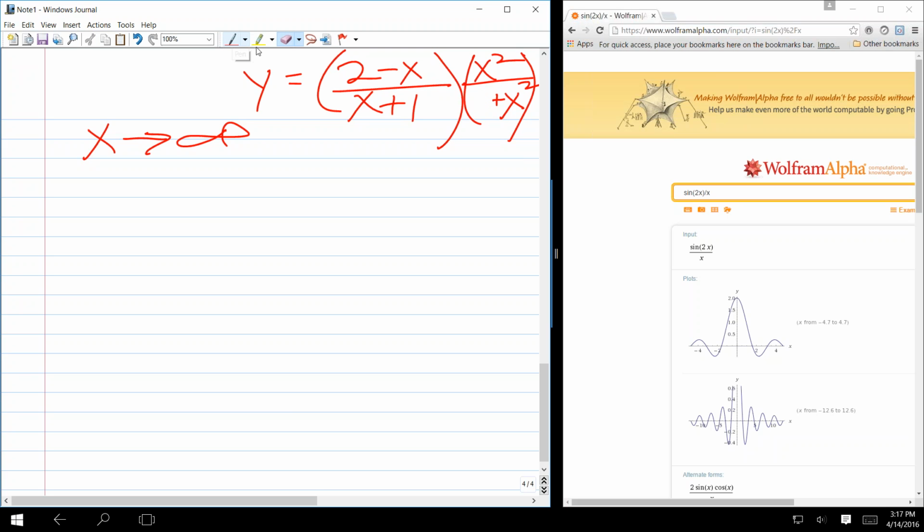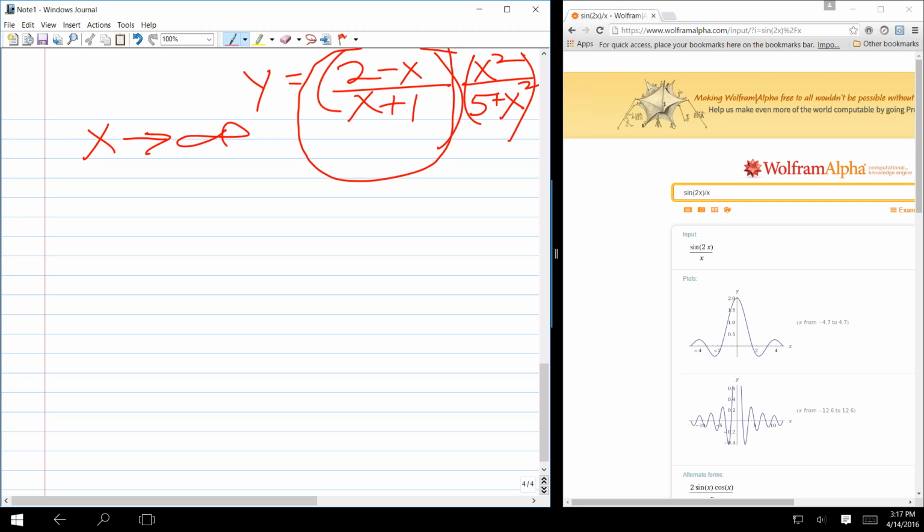Don't think it's going to matter as to which one you gave. When you talk about x going to infinity, you're talking about horizontal asymptotes. Well, if I gave you that function right there, where is the horizontal asymptote? Just at 0?